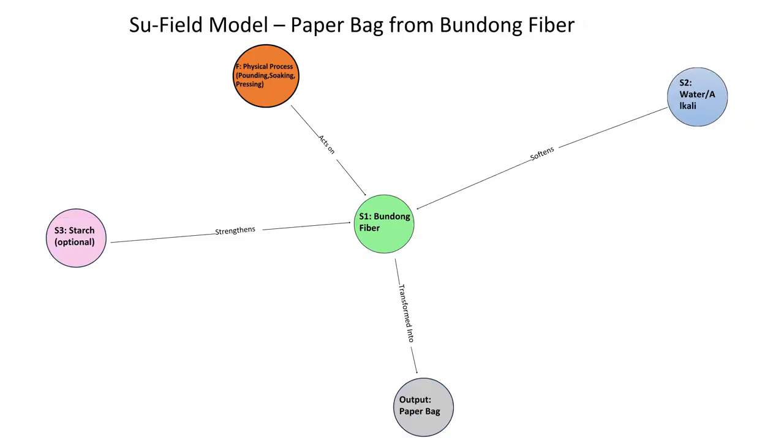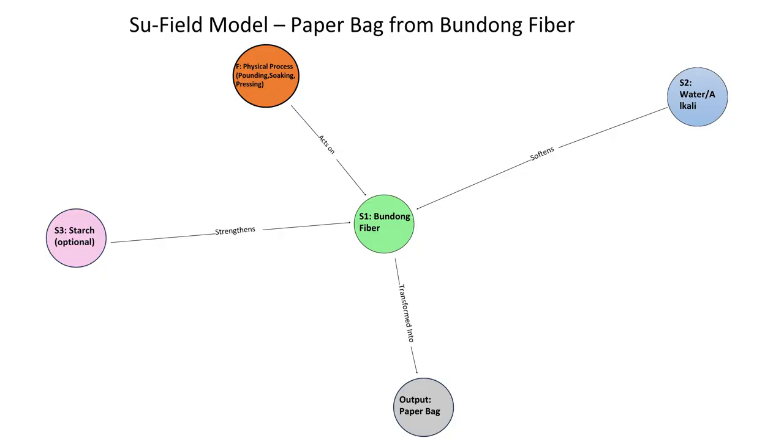In TRIZ, we also use the Su-Field model to explain how substances and fields interact. S1 is bundong fiber, the main material. S2 is water or alkali, which helps to soften the fiber. F is the physical process, such as pounding, soaking, or pressing, which acts on the fiber to turn it into pulp.